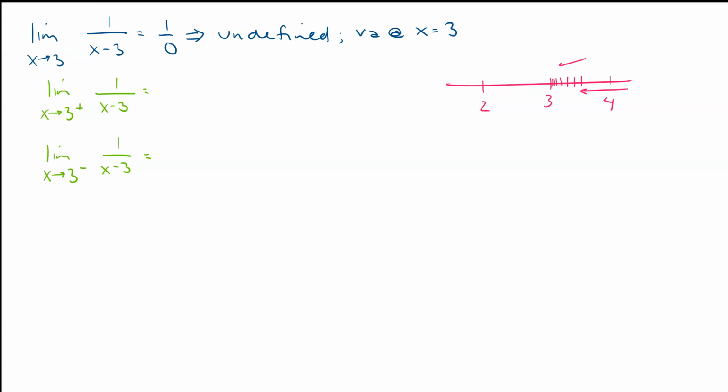If I get really crazy close to 3, but don't actually touch 3, I'm looking at a value, say, 3.00001. That's the closest value I can get to 3 without actually touching 3.